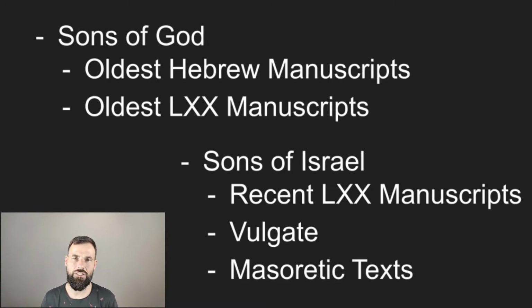And the much later Masoretic texts, although based on earlier manuscripts, have sons of Israel. This is the reason why quite a few modern translations started to include sons of God in their main text and are now putting sons of Israel into the notes. And those that did not do that yet at least have sons of God in the notes.